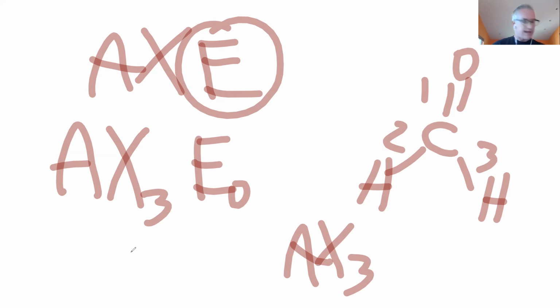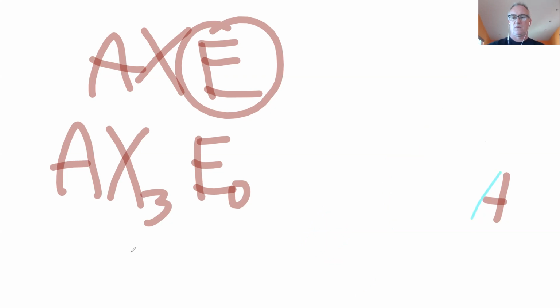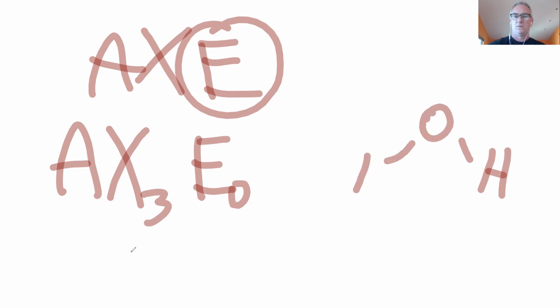All right, if we have something like, where's my eraser? There it is. If I have something like water, how many bonding regions do I have around the central oxygen? 2.